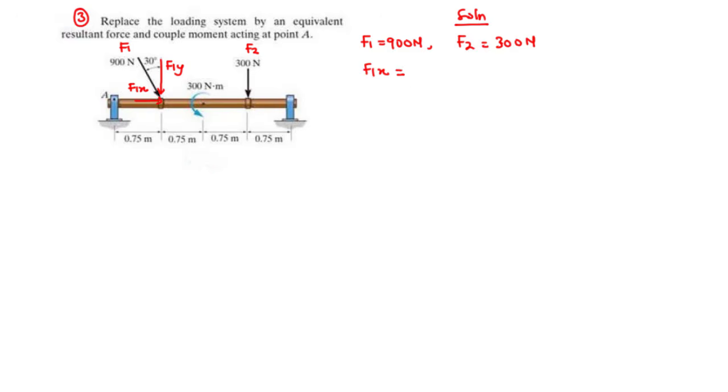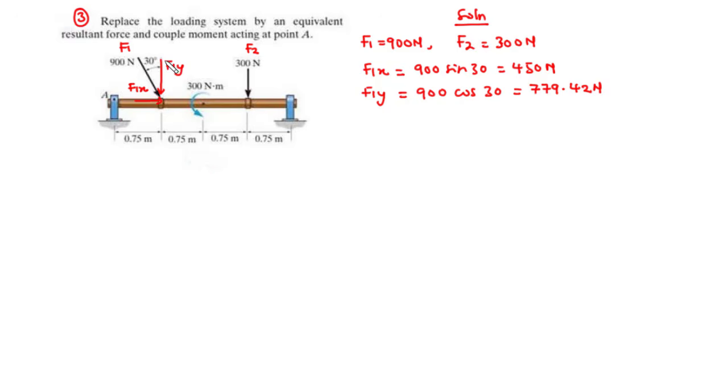So for F1x, that's going to be 900 sine 30, and that is equal to 450 because sine 30 is half. And then F1y is also equal to 900 cos 30, and that is equal to 779.42 newtons.